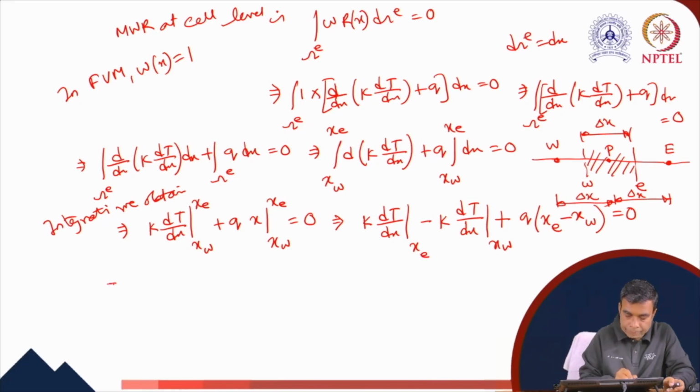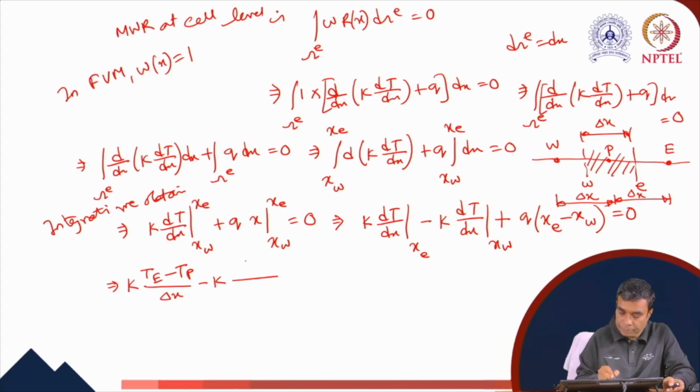Now the k dT/dx term at the east face can be written as k into (Te minus Tp) by delta x minus k into (Tp minus Tw) by delta x plus q into delta x equals to 0.